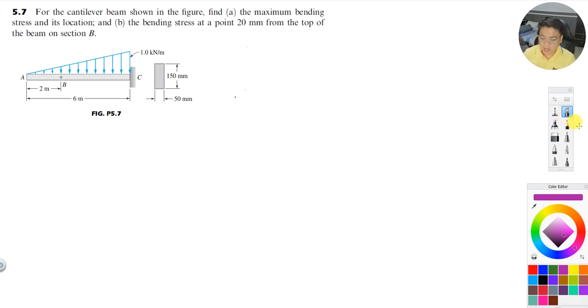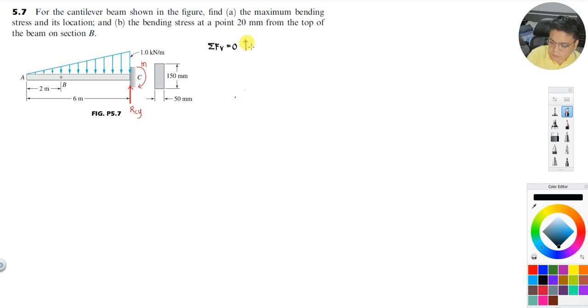So, unahin muna natin yung reaction. Okay? So, let's have the reaction first. So, you can have it as RCY. Again, I will denote this as my moment. Okay. So, I will now have the summation of forces vertical equal to 0.